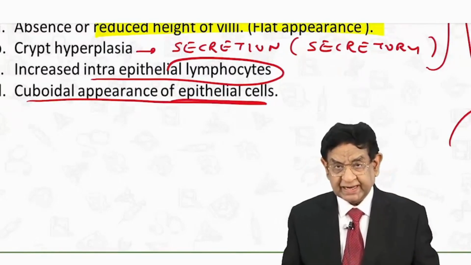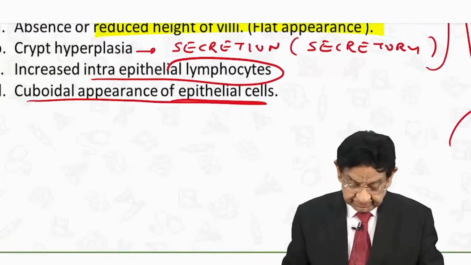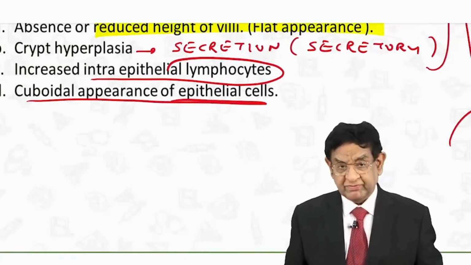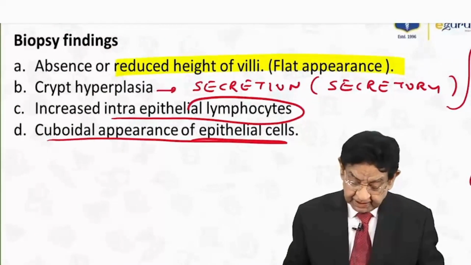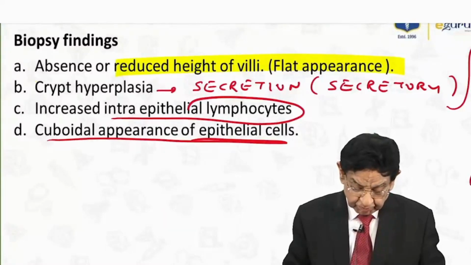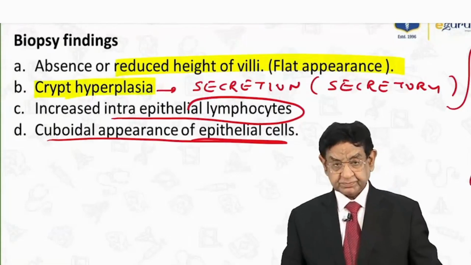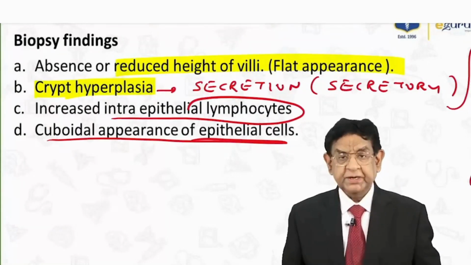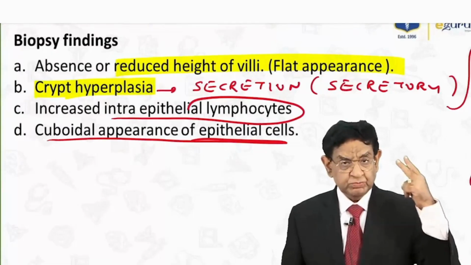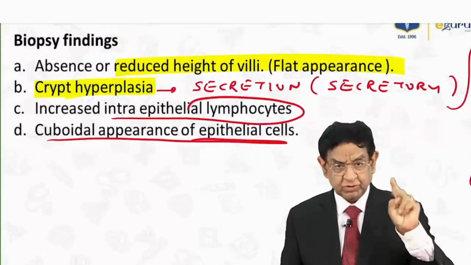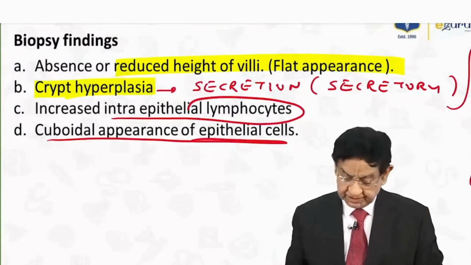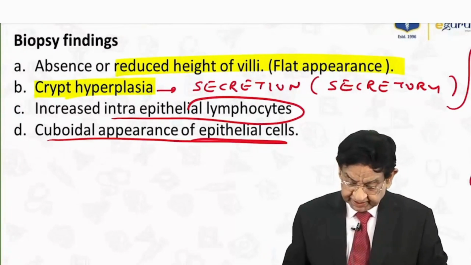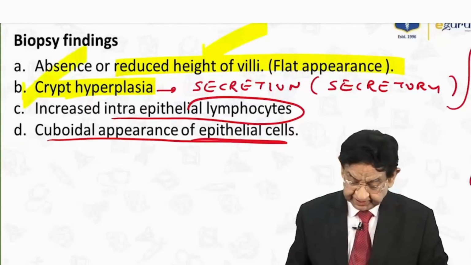Normally they are columnar lining, but now cuboidal epithelium will be there. But out of these, two are the most important things. Reduced height of the villi and the crypt hyperplasia are the two most important things that you have to remember.